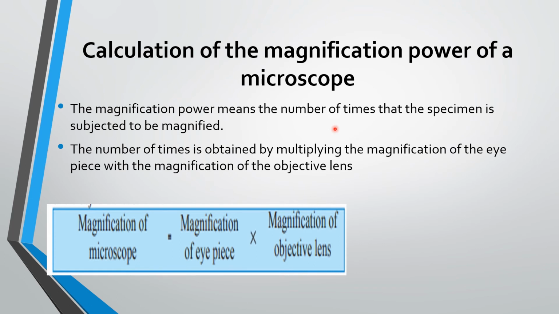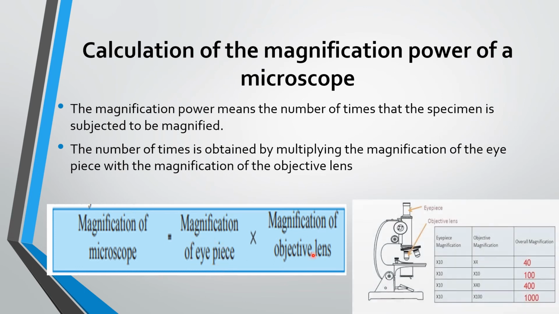In calculating the magnification of a microscope, you have to multiply the magnification of the eyepiece by the magnification of the objective lens. These magnifications are indicated on the lenses of the microscope. So you have to multiply these two values in order to obtain the magnification of the microscope.